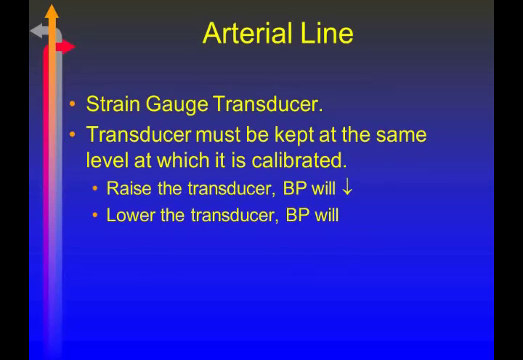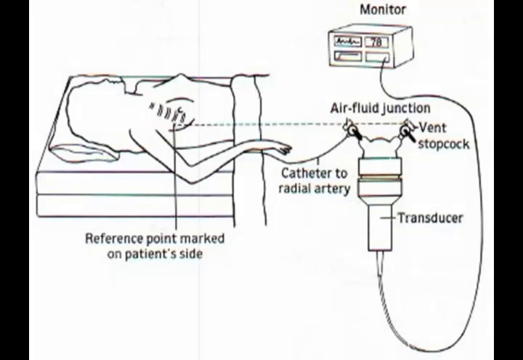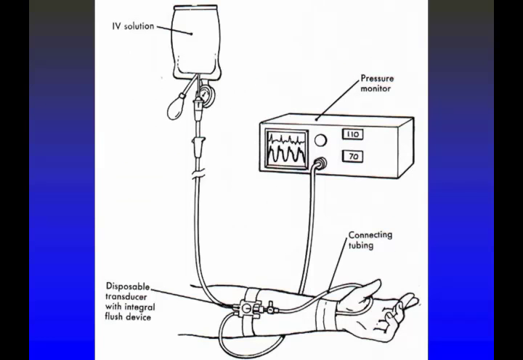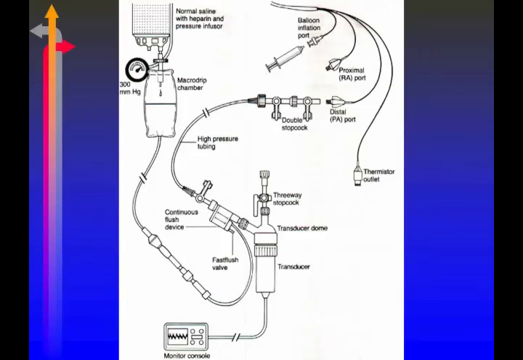If I change the level of the bed, I'll actually change the displayed blood pressure, so that as I make the transducer higher than the patient, I'll actually lower the blood pressure. It's an inverse relationship. So here it's being referenced to the patient's heart. It's just showing the solution. We've been through all this before, so kind of a review.